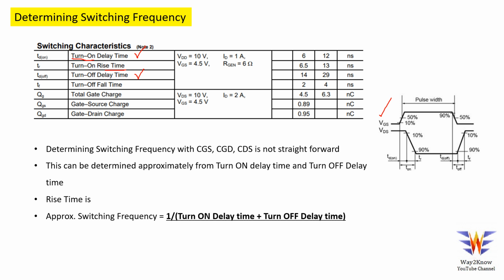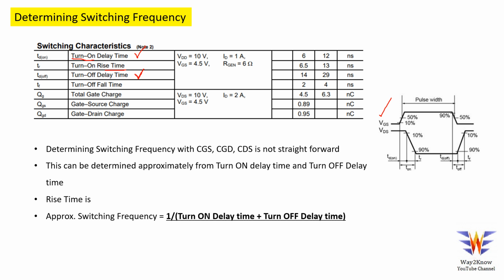This completed time is called the turn on time, whereas rise time is the variation of VDS from 10% to 90% of the output voltage. So the rise time is actually a subset of the turn on time. The turn on time is the actual time which is important, and similarly the turn off time.